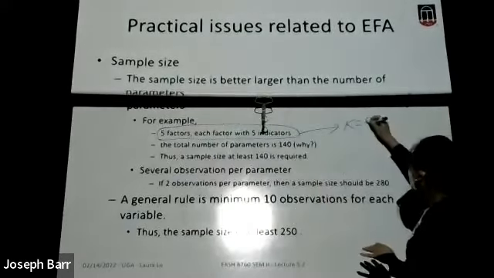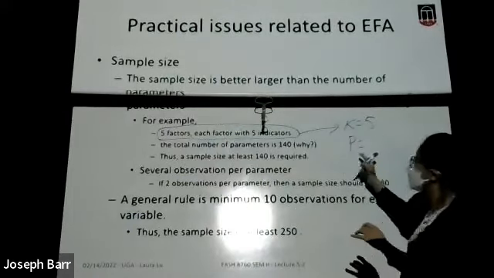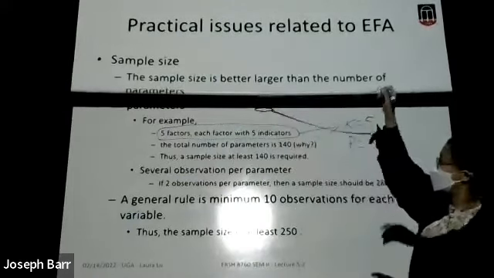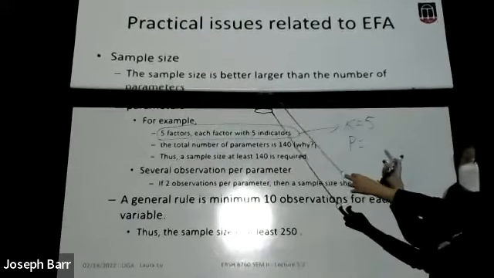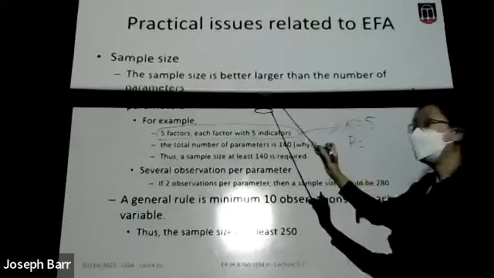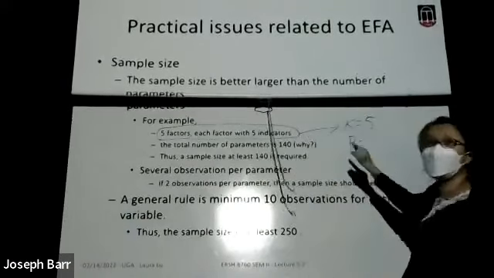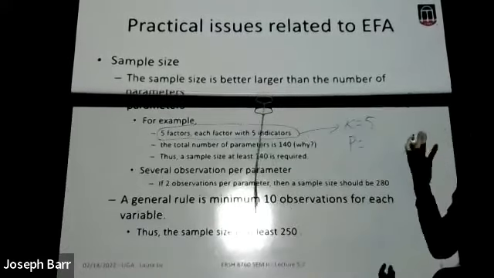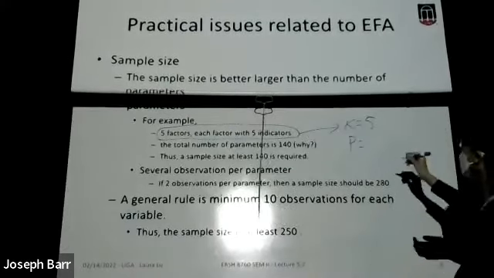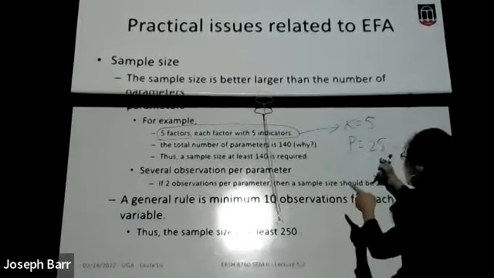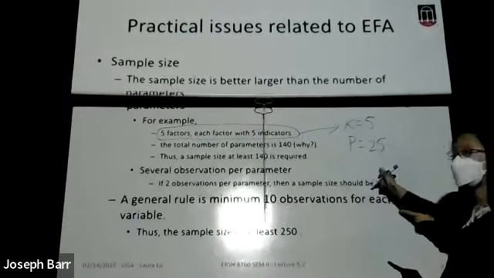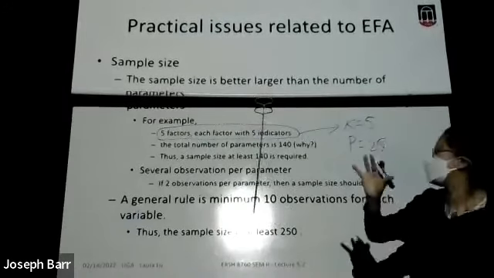Yes, good. Then what is P? P is the number of variables, the number of items. 25, exactly. In this case, we have 25 items. We try to measure 5 latent factors.